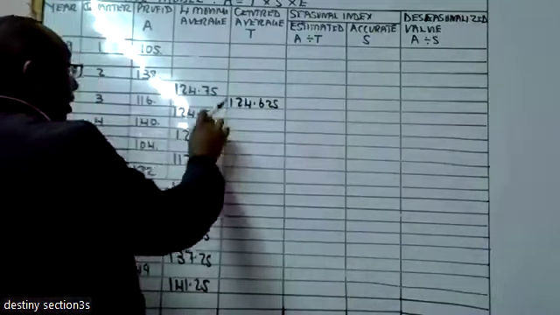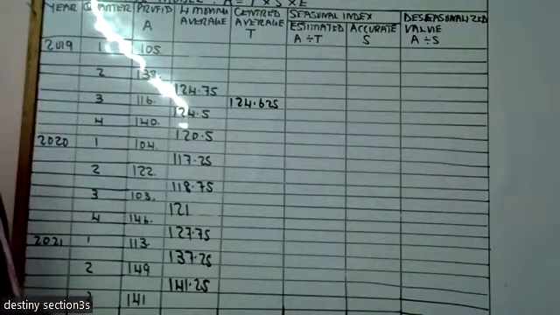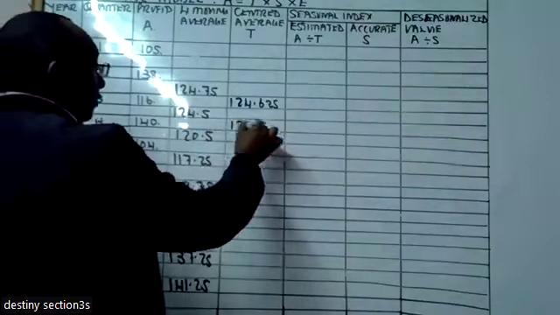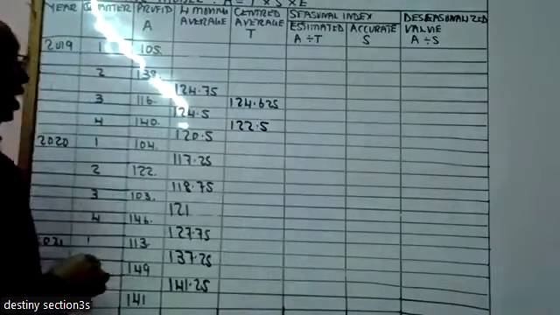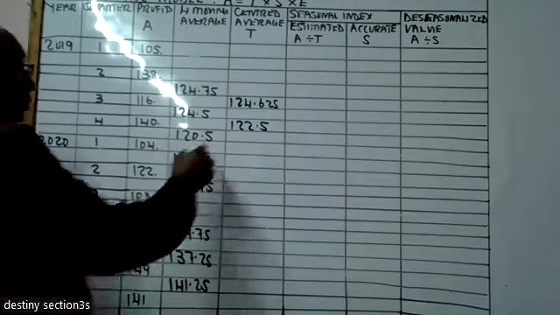Here are the ones: 124.5 plus 120.5 gives 122.5. Then another, 120.5 plus 117.25. You divide by 2. 118.875.